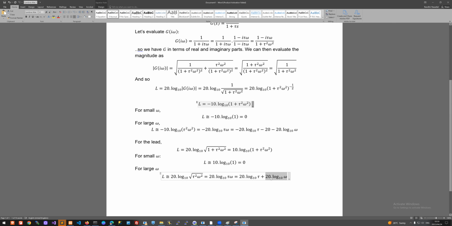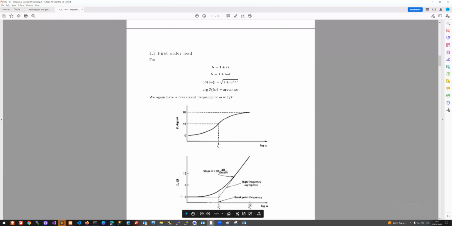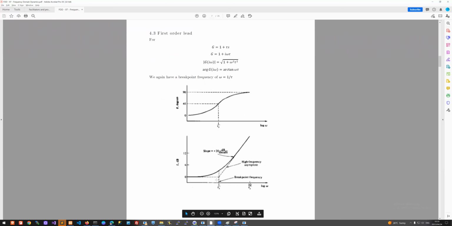So we just get a gradient of plus 20 now. So when we plot this, we get a 0 for low values. There's a crossover again at 1 over tau, and there's a slope of plus 20 decibels per decade, right? So we say decibels because that's the log scale, and then per decade, again, log scale, factors of 10 here. So we've got 0 going to a plus 20, and we've got the angle going from 0 to plus 90. And that's the first order lead case.